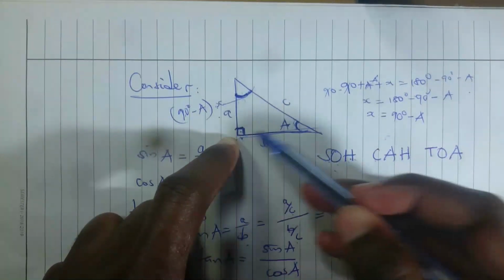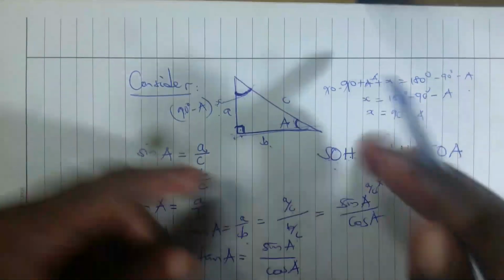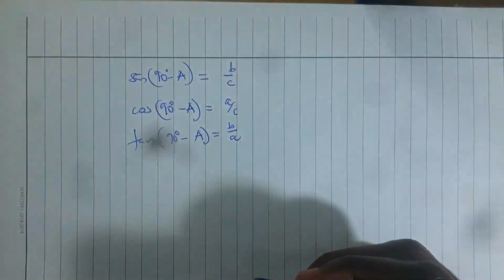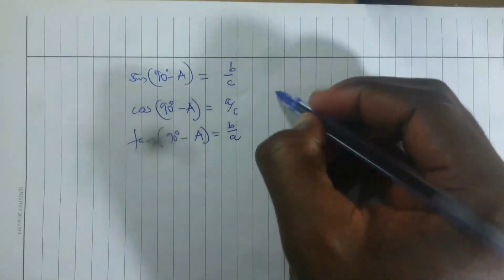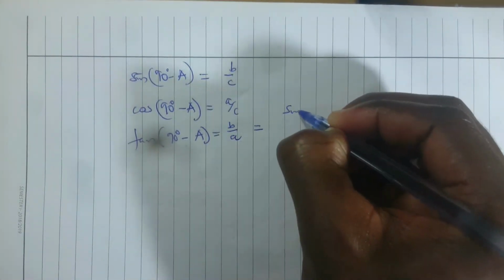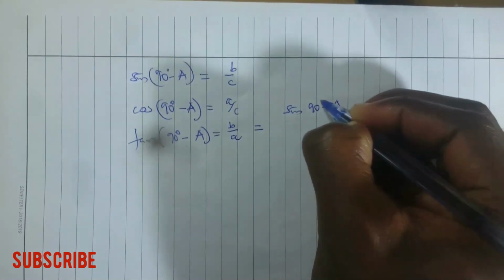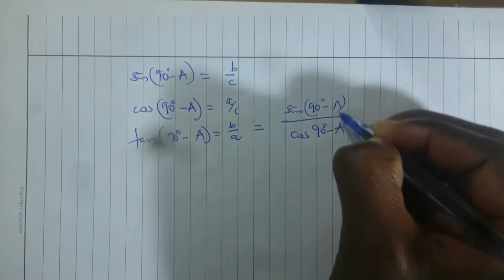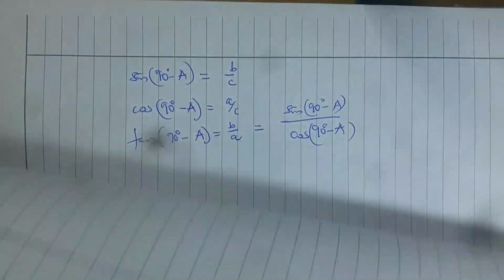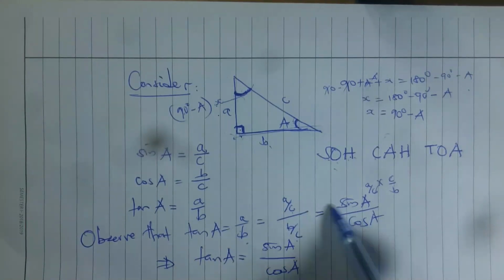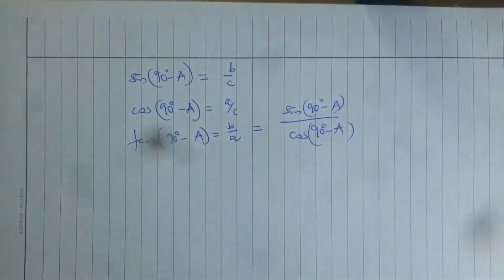That angle is now opposite to this side, which is B out of the adjacent, which is A. So we have B out of A. Okay, so here we still realize that our tan of 90 minus A is still the same as sine of 90 minus A out of cos of 90 minus A. From this, what we looked at on this side, use the same thing. You can compare also the other side, and you see that it's still the same thing here.